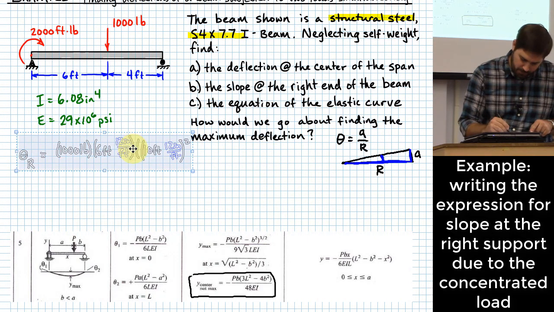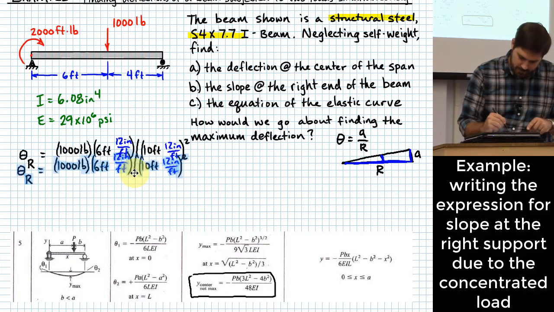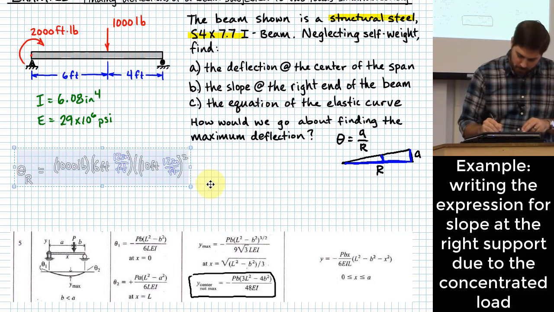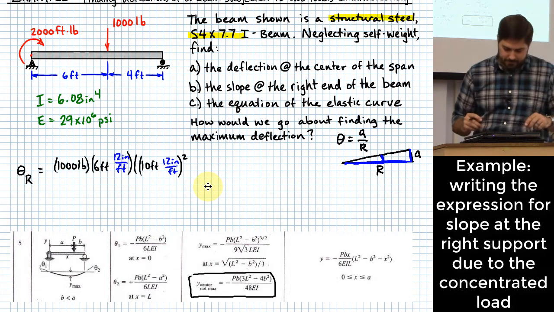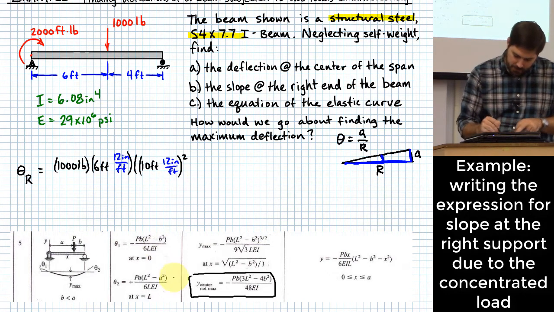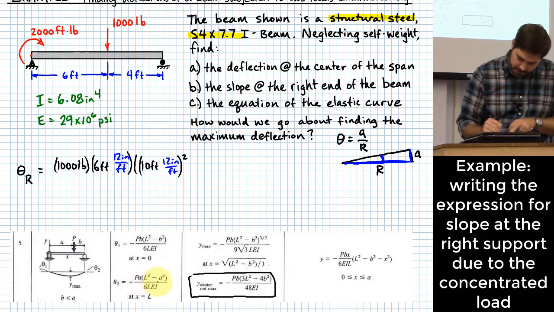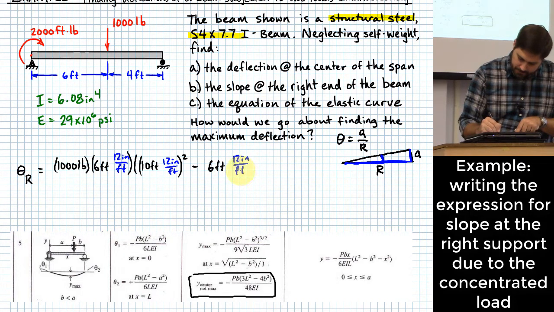Give myself a little more room here. Okay. L squared minus A squared, right? I'm dealing with this one right here. So L squared minus A squared, 6 feet, times 12 inches per foot. Whoop, let me do it this way.